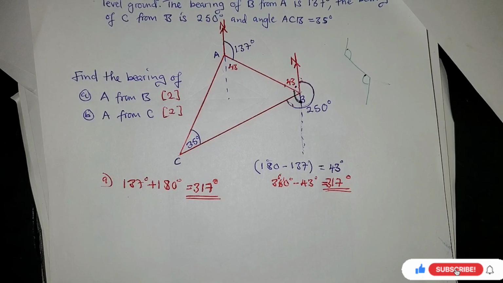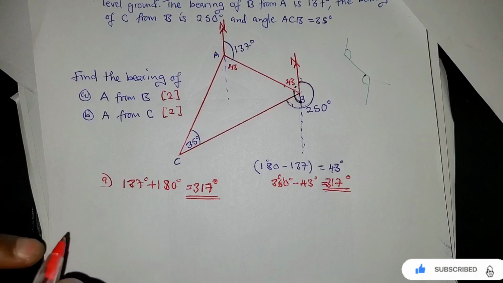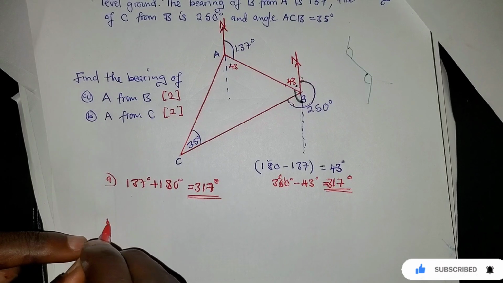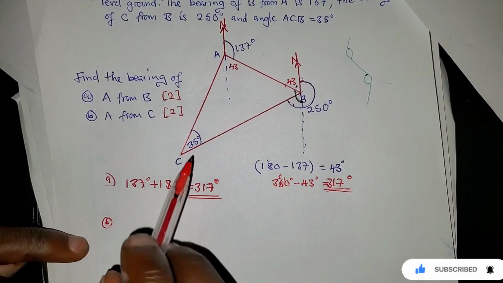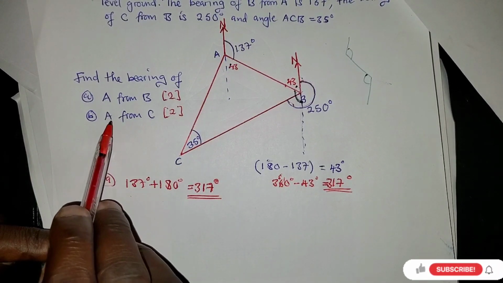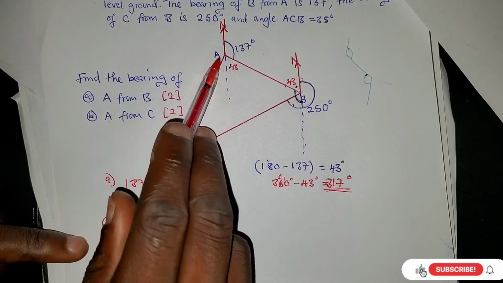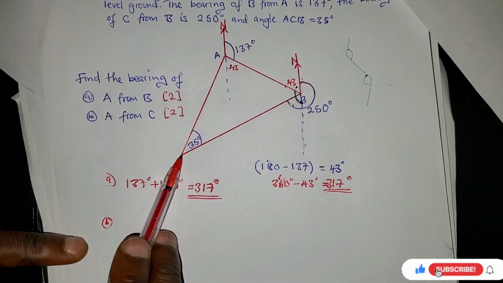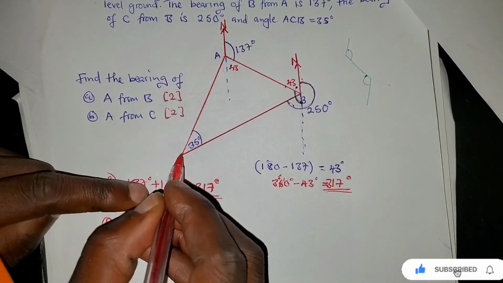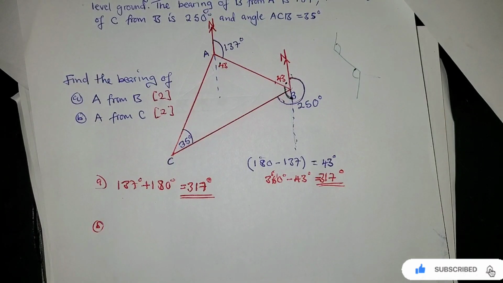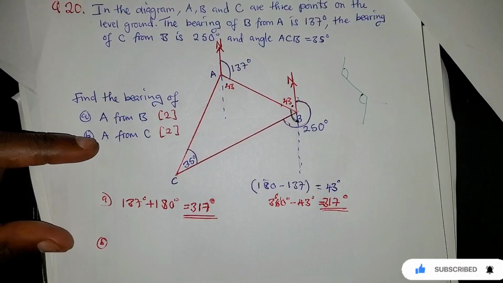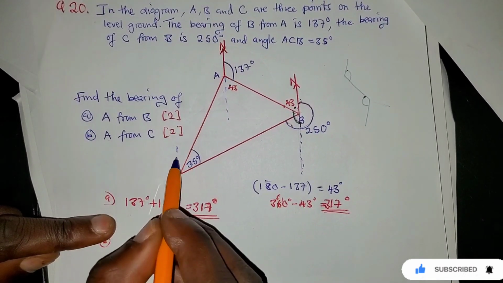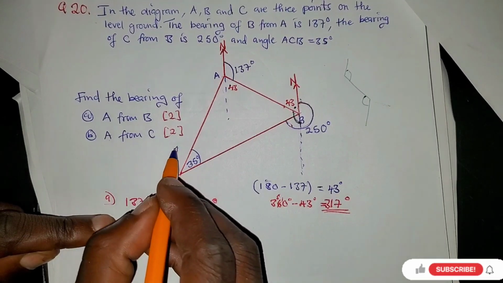Now let's go to the second question. They're saying find the bearing of A from C. Where's A? Here. From here, C. Now let's draw the north at C so that it helps us to find the bearing.